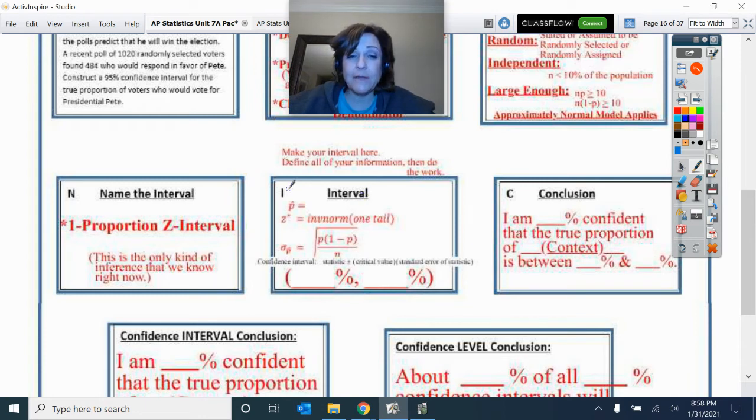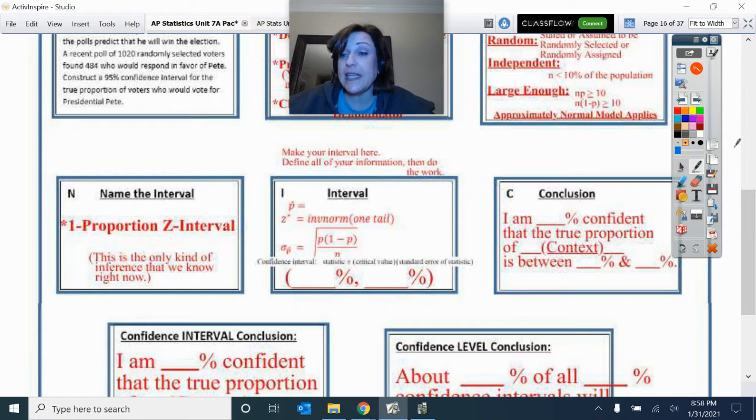Then the I is where you show your work for your interval. Make sure you define your parameters. So your p hat, put what that is, your critical value, inverse norm, one tail, and then your standard deviation. Show your work of getting your statistic and then put the interval there.